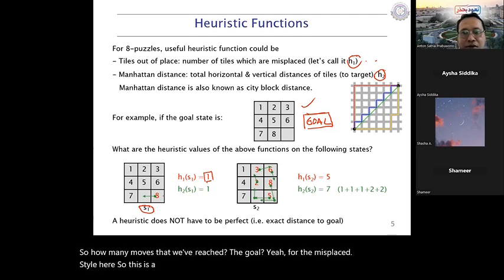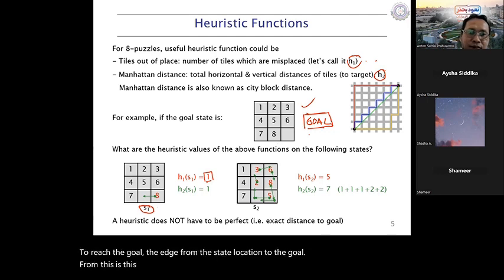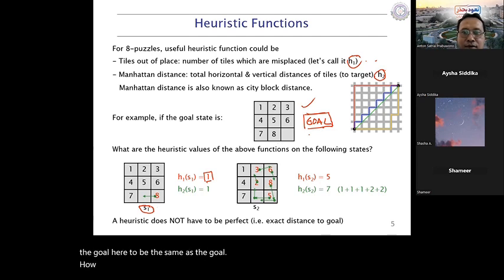How many moves does 8 need from that location to reach the goal, to be the same as the goal? Only 1 move.